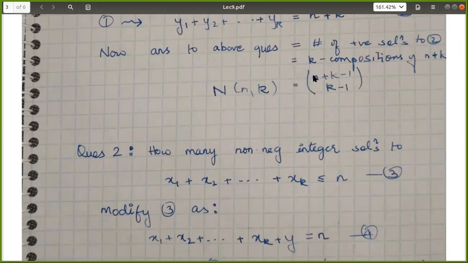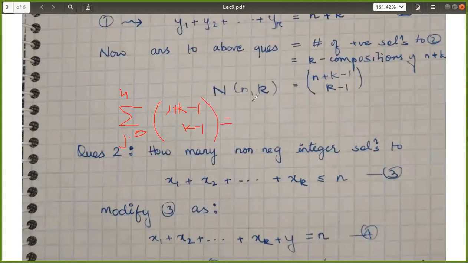So what we actually get is the summation, it's really hard to write. Summation j from 0 to n of j plus k minus 1, choose k minus 1.